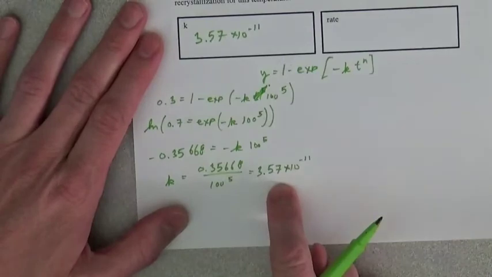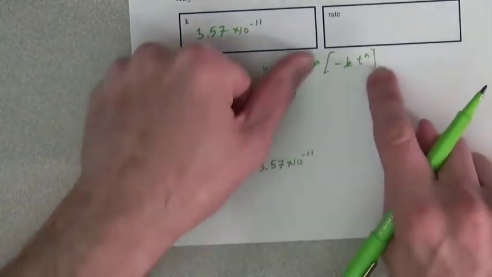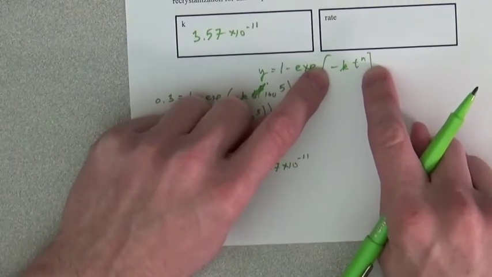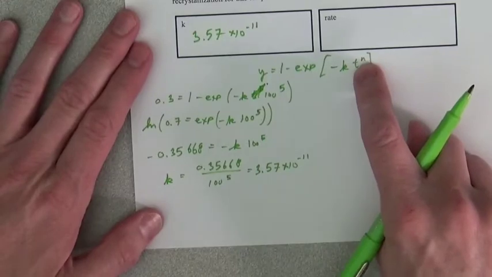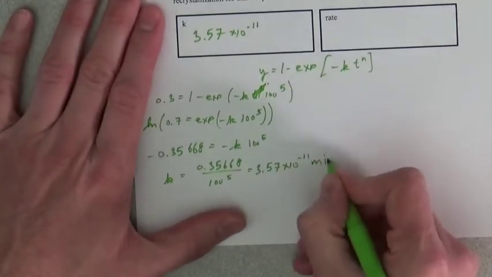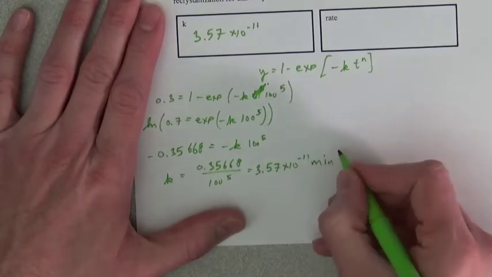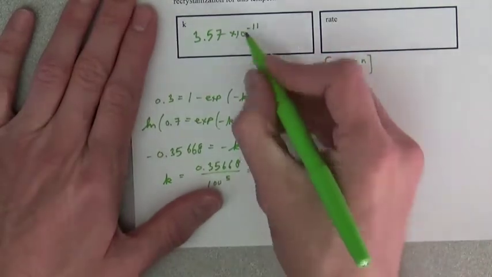We have units on this k, and essentially we know that what goes inside of the exponential has to be unitless. So here we have minutes raised to the 5, which means k must have units of minutes to the inverse 5. So these units cancel out.